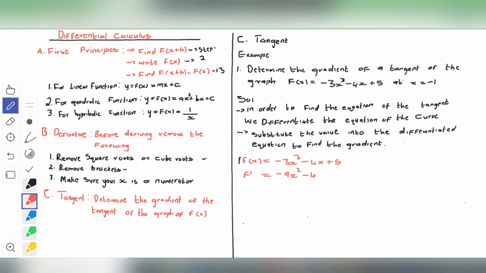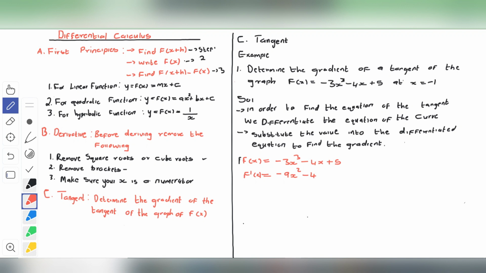Therefore, after differentiating like this, we said after differentiating the equation of the curve, substitute the value into the differentiated equation to find the gradient. So now we're given the value, which is x is equal to negative 1.